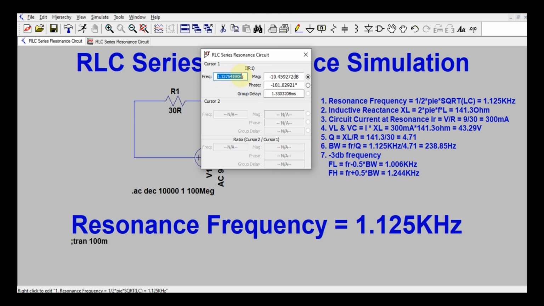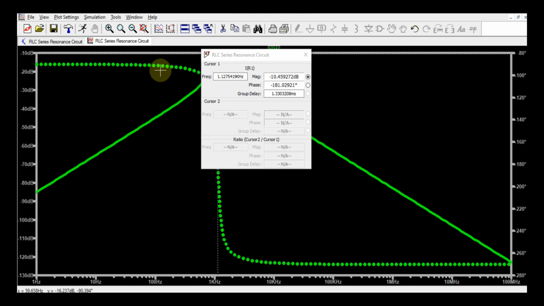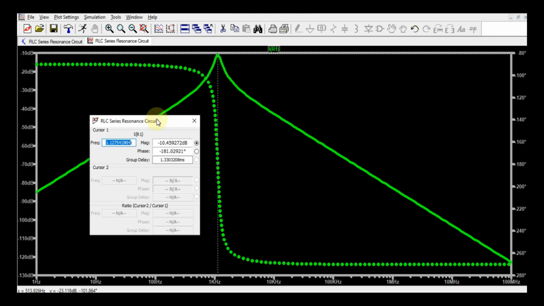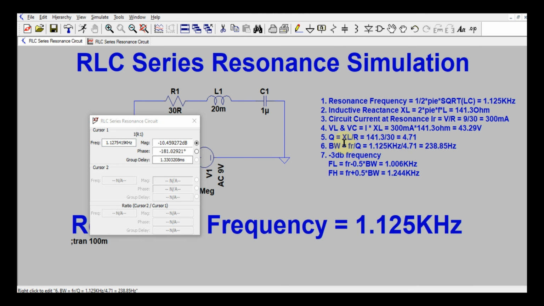That means you are getting your result very close. So this is the point where your resonance frequency is 1.125 kilohertz. If you remember what happens at resonance, from this plot you can see at resonance you are getting maximum output power, which is minus 10 dB, right?